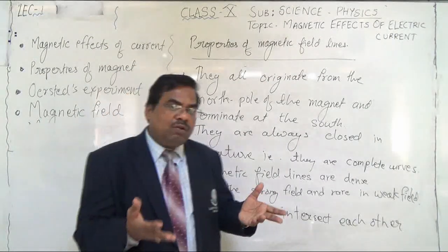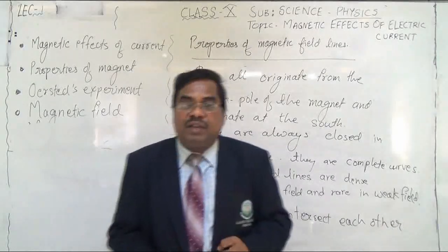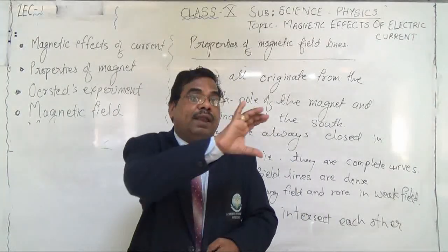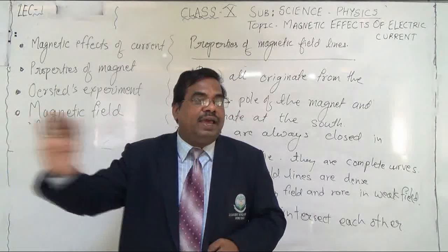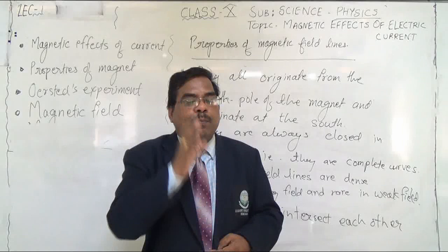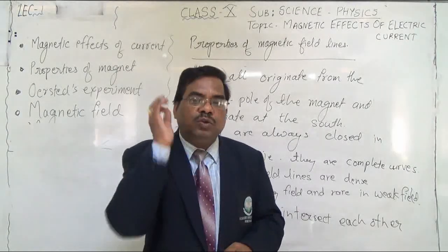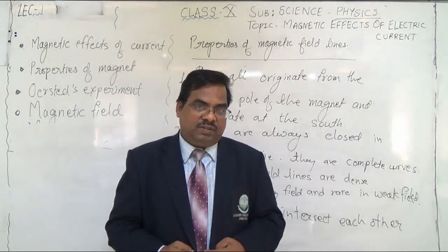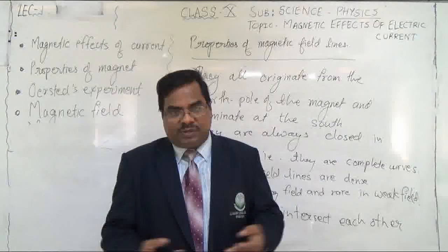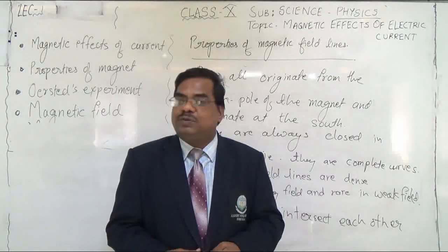Can you tell me what the shape of the magnetic field lines in a uniform magnetic field will be? Parallel. All the lines will be moving parallel to each other. So parallel lines represent a uniform magnetic field, and non-parallel lines mean a non-uniform magnetic field. Simple. Okay, that's all for today.